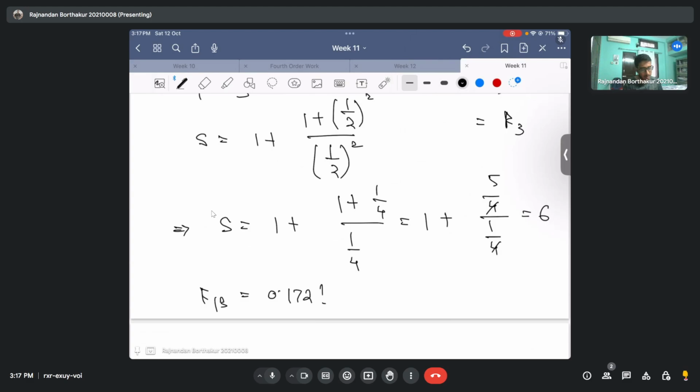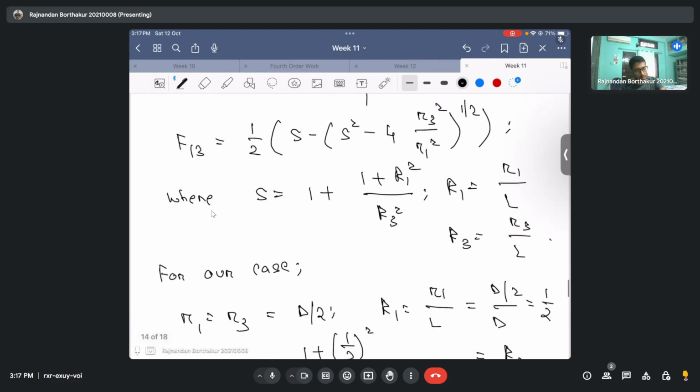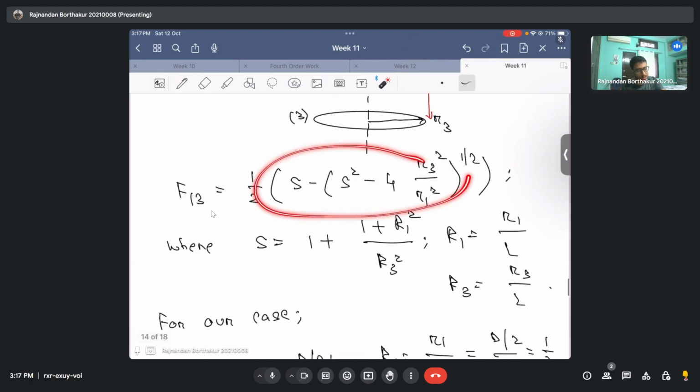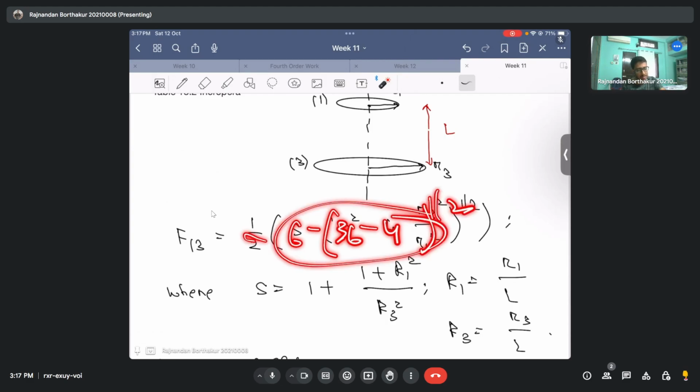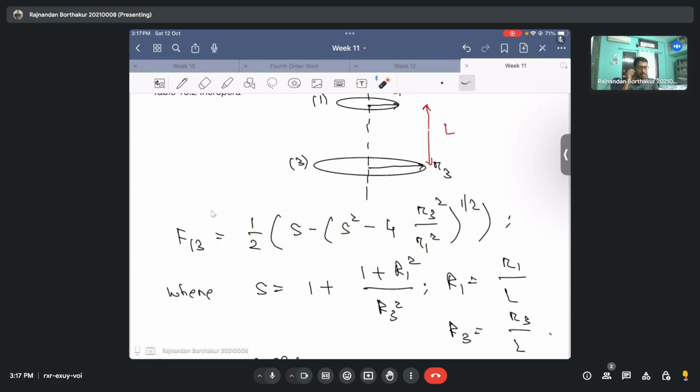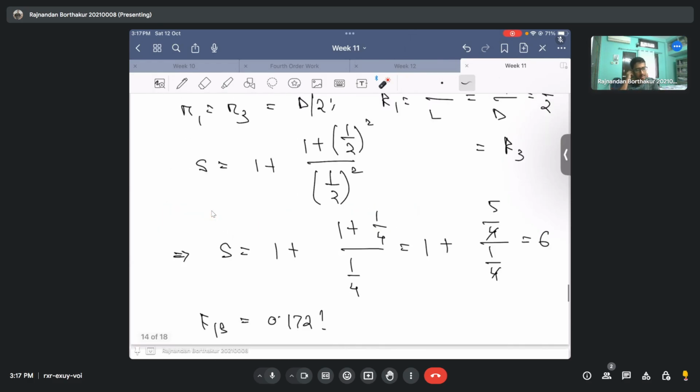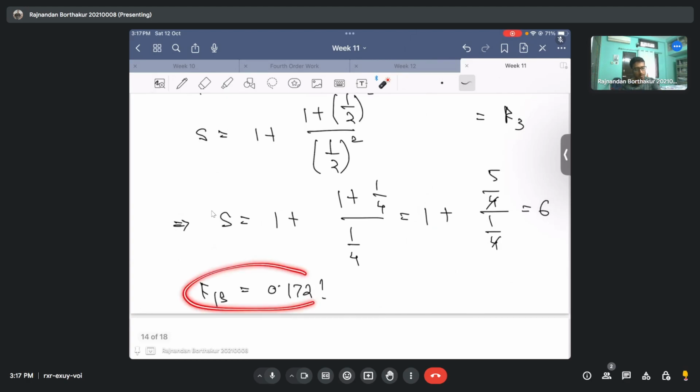You just need to substitute the value of S into this expression, where you already know that R3 and R1 are just equal, so this should just cancel. This would be just 6 minus the square root of 36 minus 4, and then divide by 2 to calculate this F13. If you do that, you should get F13 to be around 0.172. I hope you guys have got this answer as well.